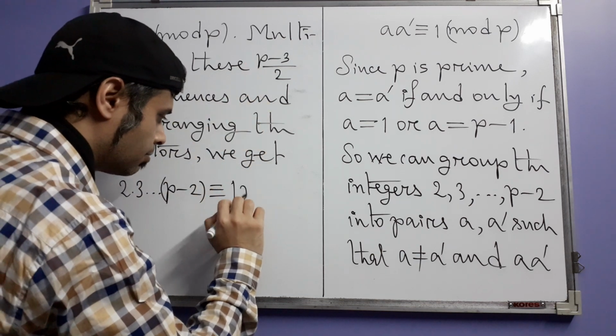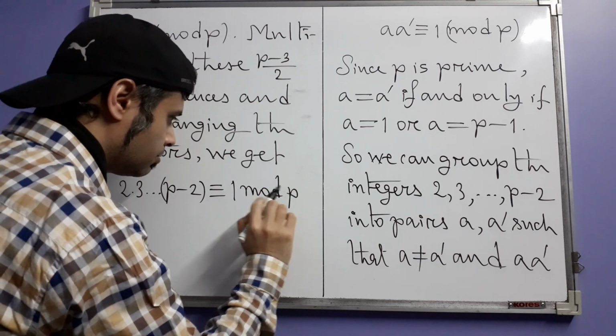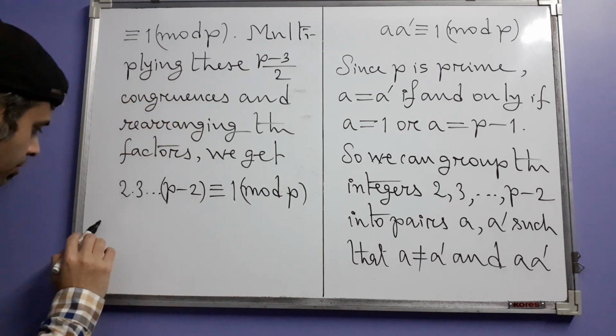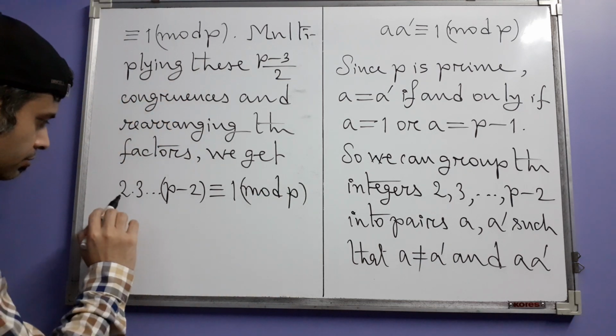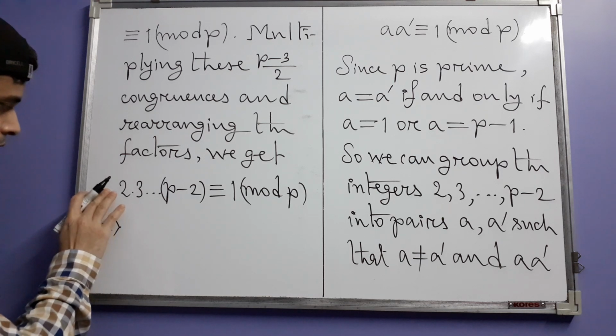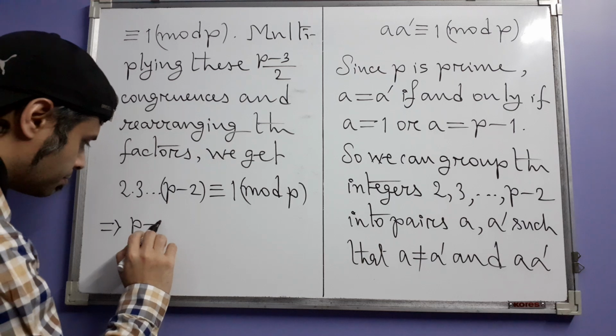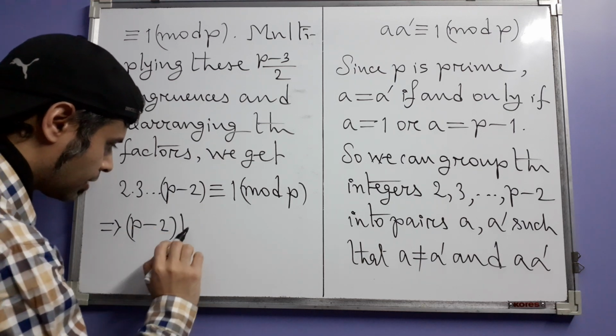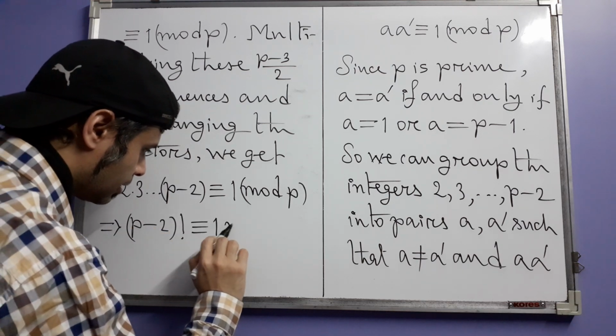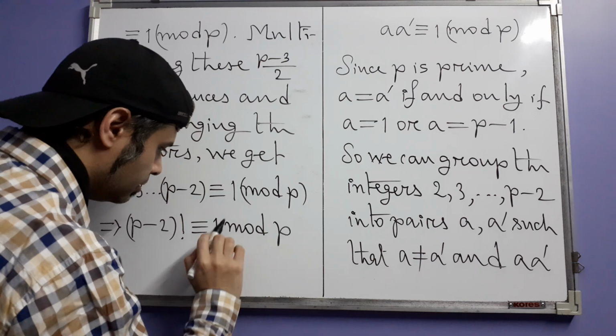So, this is just 1 modulo P. You can of course consider a 1 here, that is always there. So, P minus 2 factorial is congruent to 1 modulo P.